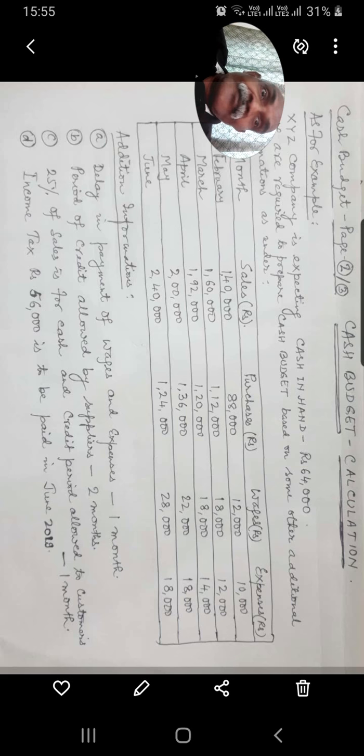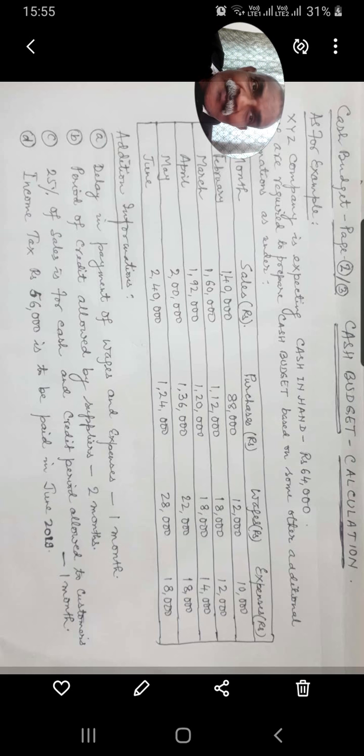So there is additional information regarding wages and expenses. What sort of information do you need? That is how much lag, how much delay in payment. So the delay in payment of wages and expenses is how much? 1 month.